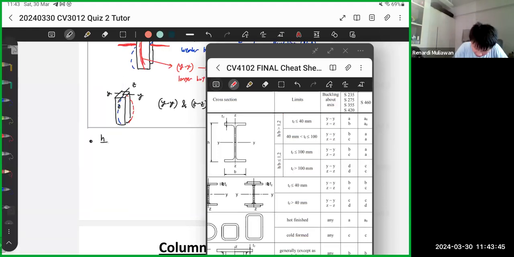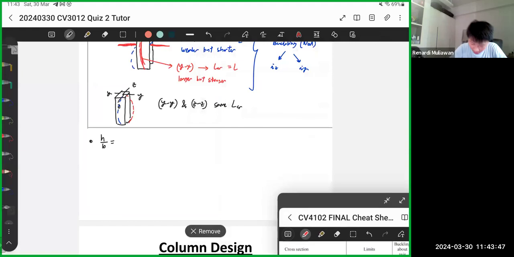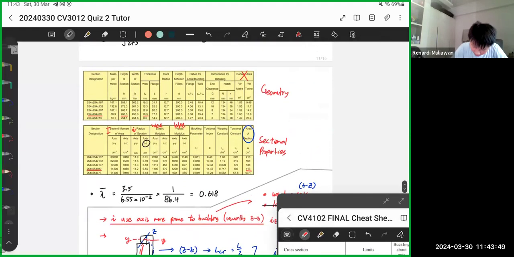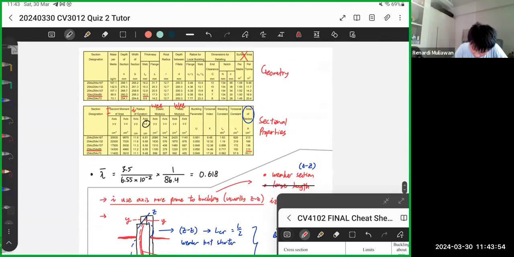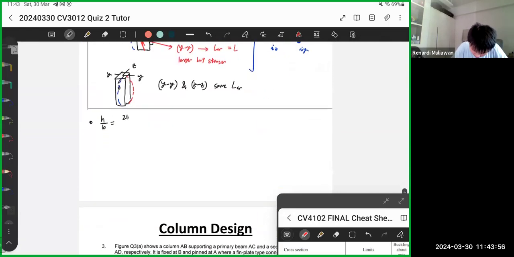H over B is 260.3 over 256.3. If you notice, it's roughly 1. But for exactness, let me calculate.